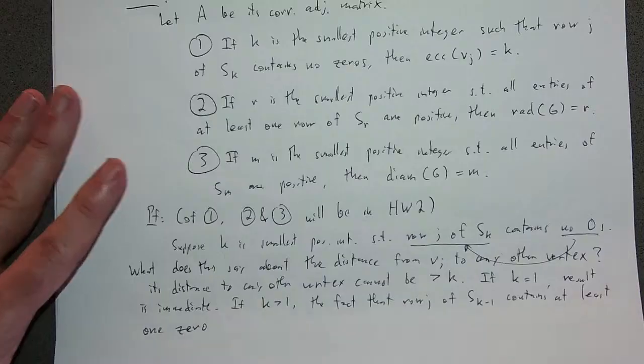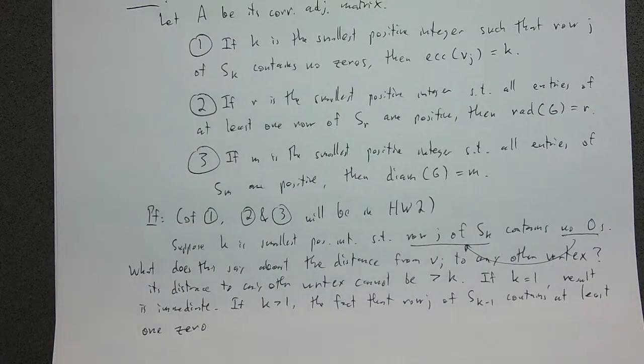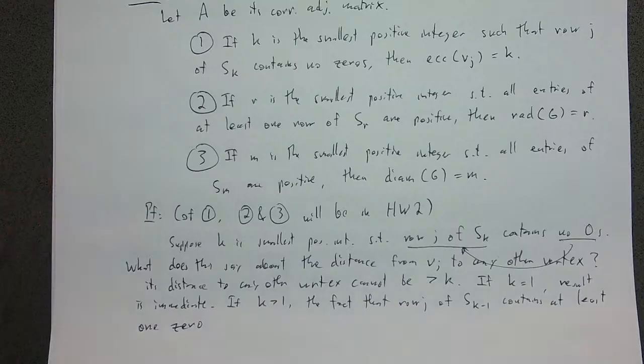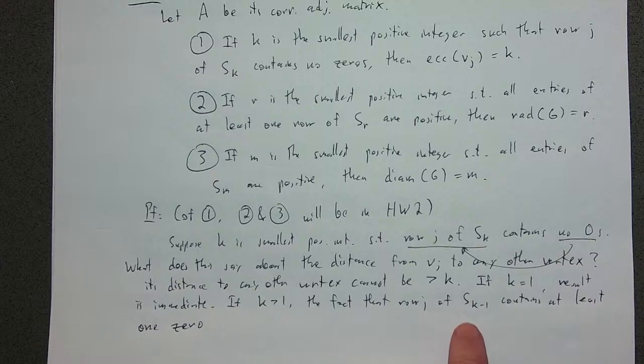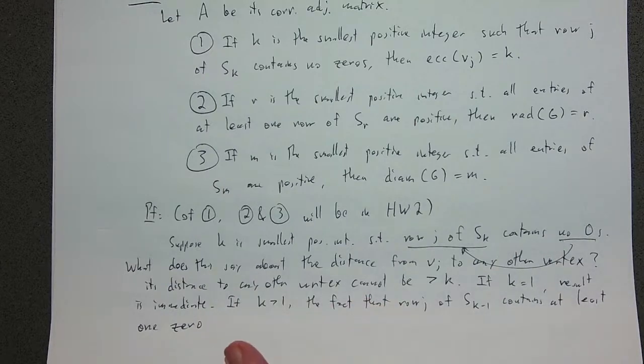K minus 1 would be the new candidate. So it has to contain at least one 0 here. What does that mean? There's at least one vertex whose distance from v sub j is greater than k minus 1.